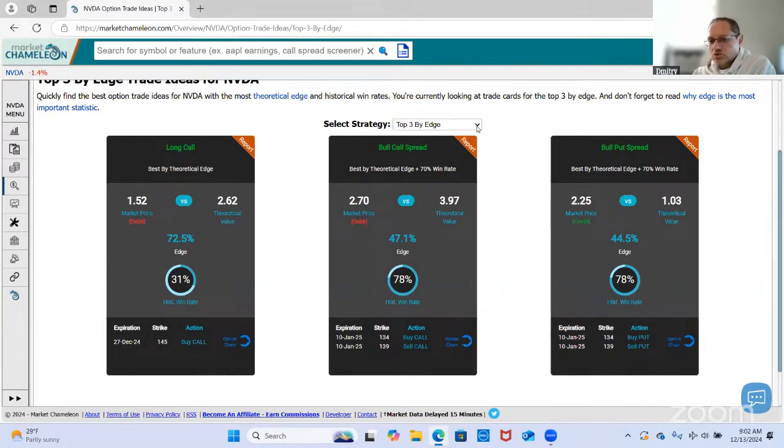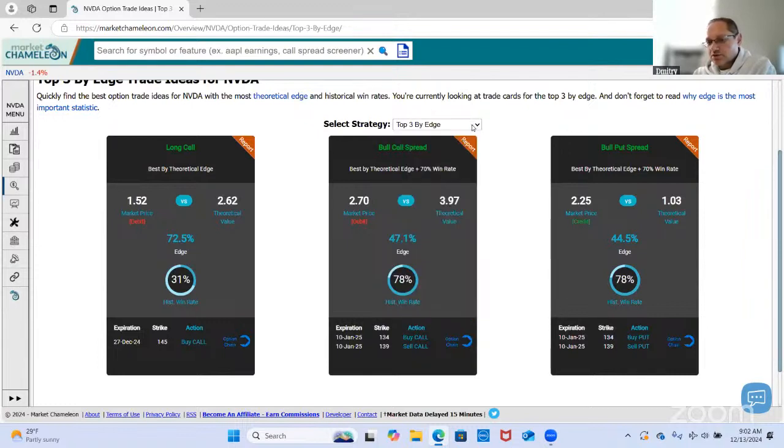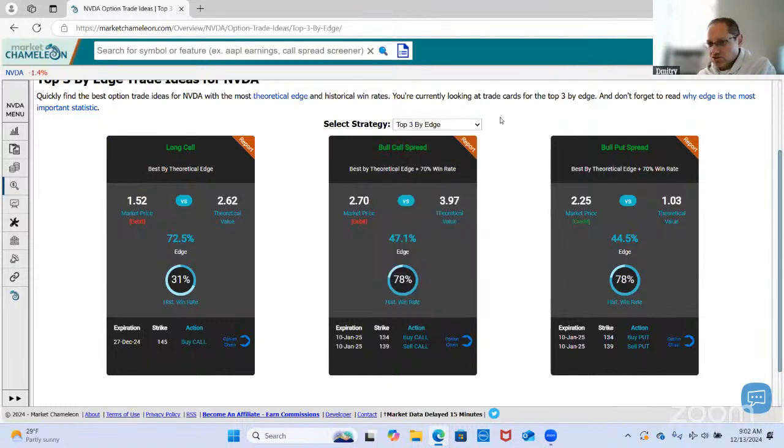If you click on this, you could look through the different types of strategies it's scanning for. The default shows the top three by theoretical edge, but you could go in here and pick, if you want to just look at bull put spreads or credit iron condors. If it meets our conditions, it'll pop up in here.